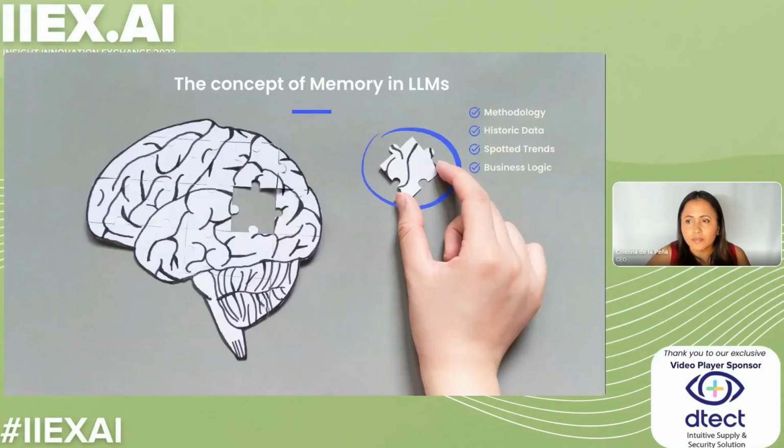So again, thinking about the memories of LLMs, it's basically that. It's like giving the LLM further information to understand the purpose of what you're looking for. And what you can put in that vector database is your methodology, for example, your historical data, super important, your spotted trends, your business logic.